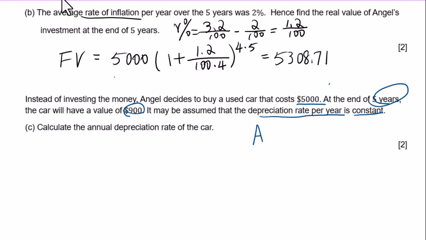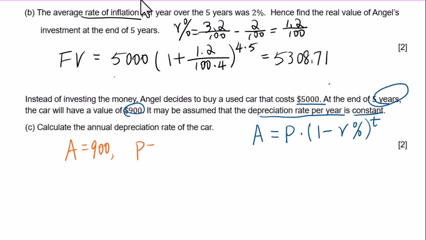This is an exponential decay problem. The exponential decay formula is future value A equals present times 1 minus R% to the tth power. Based on the given information, A equals 900, P equals 5,000, T equals 5.